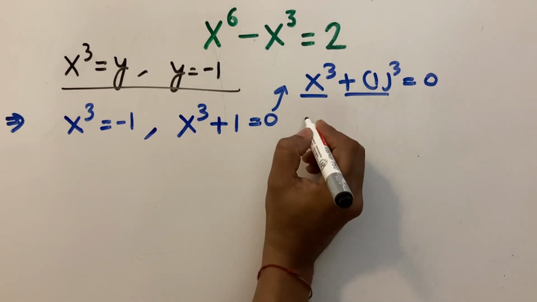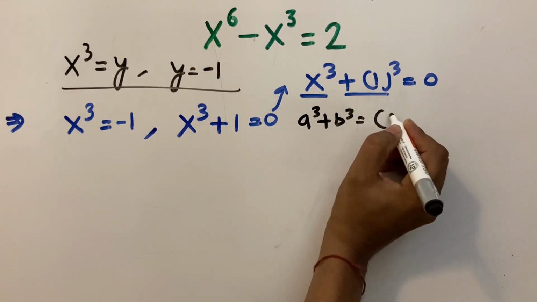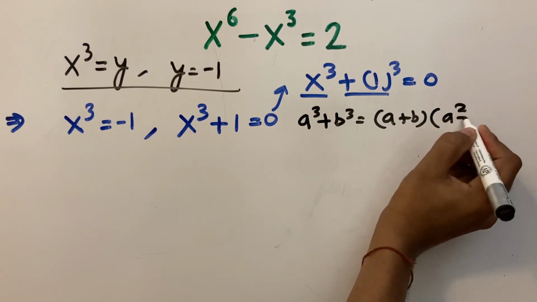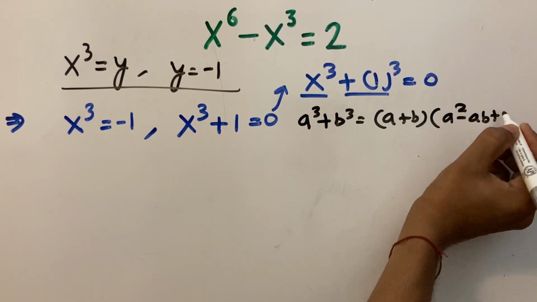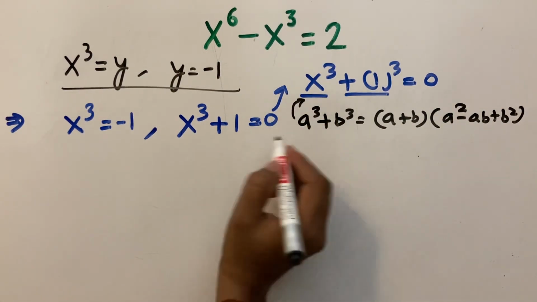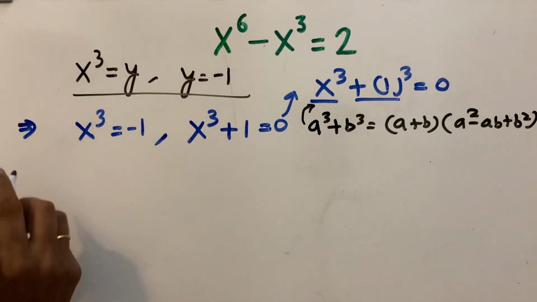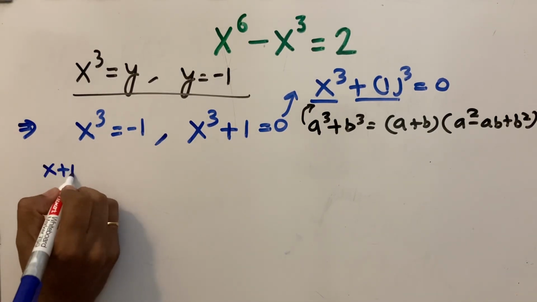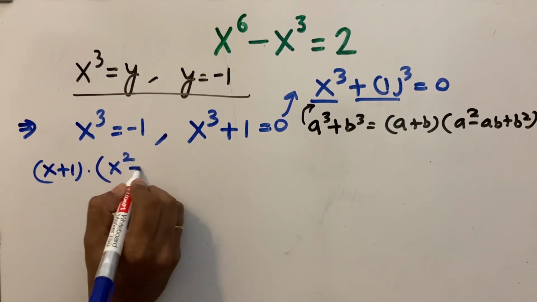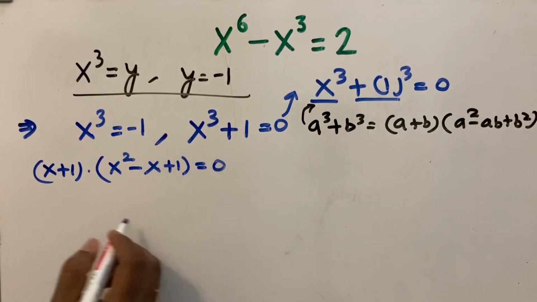As we know, a cube plus b cube equals (a plus b)(a square minus ab plus b square). Here a equals x and b is 1. So this equation further simplifies to (x plus 1) times (x square minus x plus 1) equals 0.